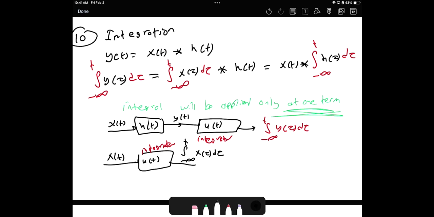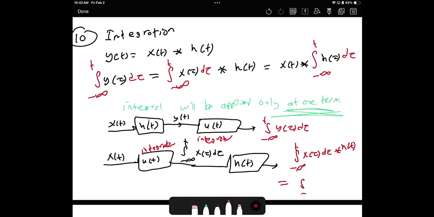Then let's put h of t here. So the output will be the integral from negative infinity to t of x of tau d tau convolved with h of t, and this is equal to the integral from negative infinity to t of y of tau d tau.